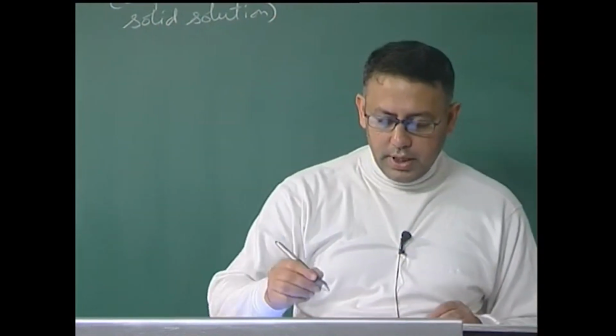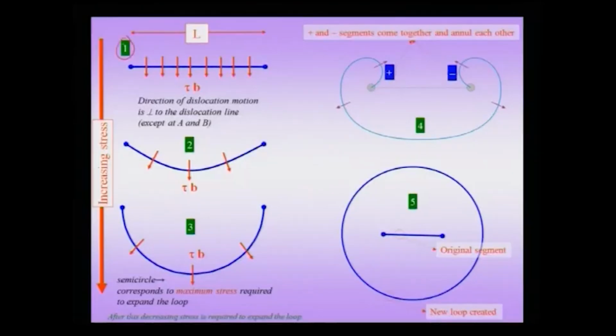So, in this figure you can see configuration 1, which is the starting configuration, and then configurations 2, 3, 4 and 5. We start with pinning points at a distance of length L, and we increase the external shear stress. Under the shear stress, the dislocation length increases and it gets into a curved configuration. On further increasing the shear stress, it can get into a semicircular configuration.